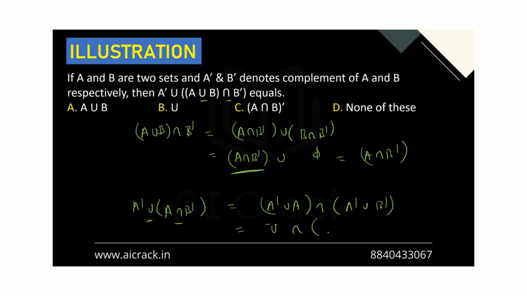Intersection with A dash union B dash. Now we can write this as A intersection B dash, right? With the help of De Morgan's law. Now we know that anything intersecting with universal set would be that set only, right? So this would give me A intersection B dash. So C is the correct answer.